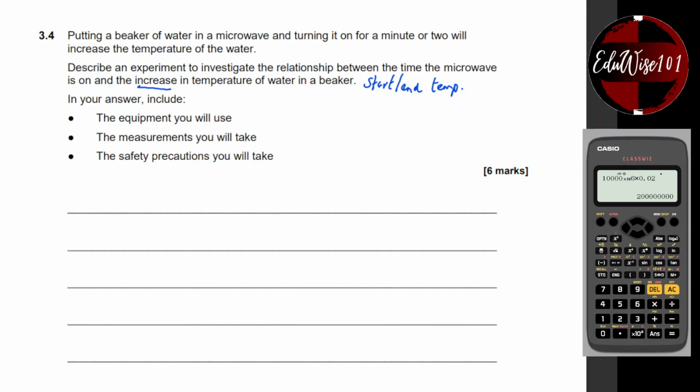Include the equipment you will use, the measurements you will take, the safety precautions. So let's say you take a beaker and you fill it with water, let's say 100 milliliter, using a measuring cylinder, and you will need a thermometer.